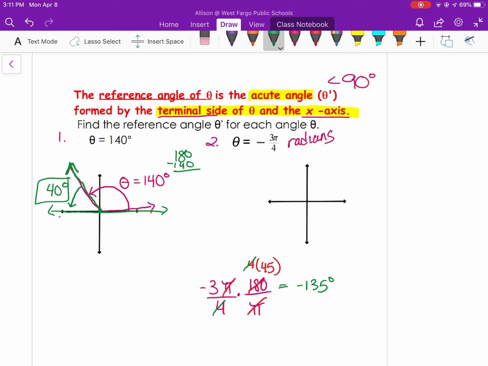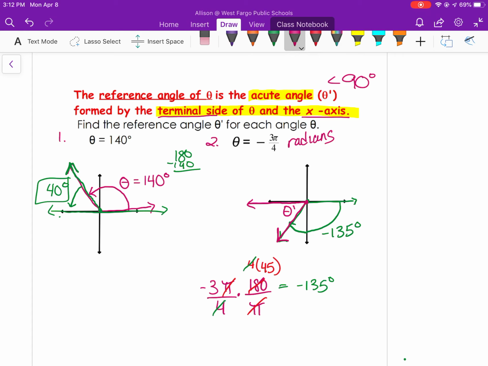And if I want to draw the angle negative 135, you start at the positive x-axis, except that you go clockwise, negative 90, and a little bit further, about negative 135. And then the reference angle is going to be formed by the terminal side, so where the angle ended, and the closest x-axis, which again would be the negative x-axis right here. So it's this angle that's the reference angle that I'm looking for.